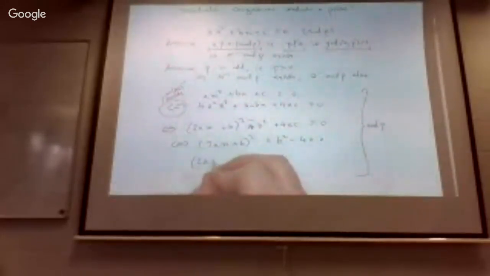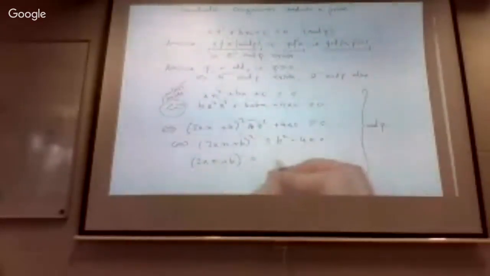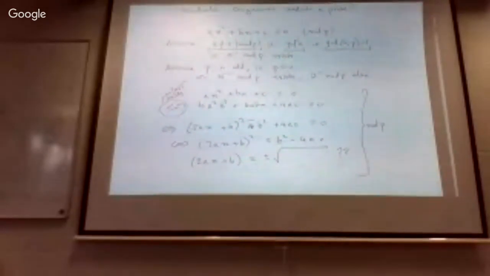But now, what we kind of want to say is that 2ax plus b is congruent to plus or minus the square root of this. Can you do that? Can you take square roots modulo p? Well, we don't know.